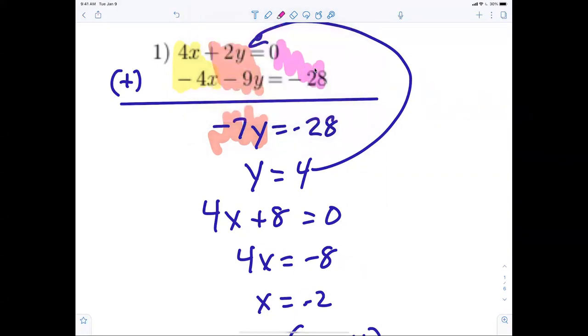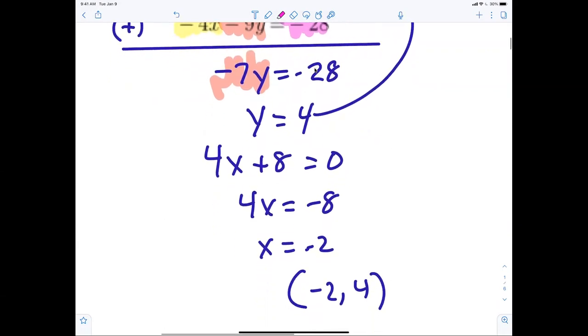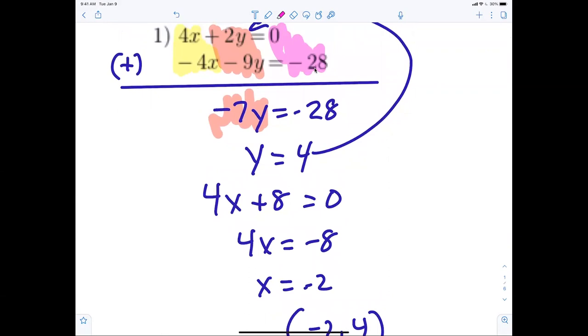I get that part. So what is it that you don't get? And then I do the 8. It's 4x plus 8 equals 0. Do you understand that or not?